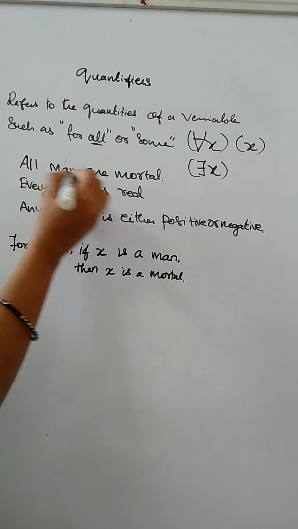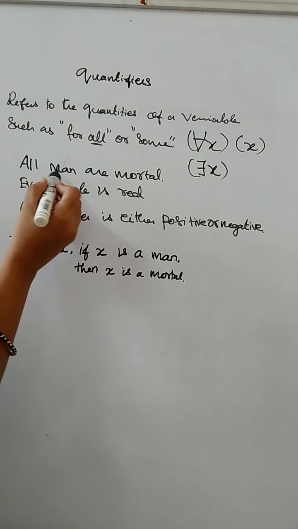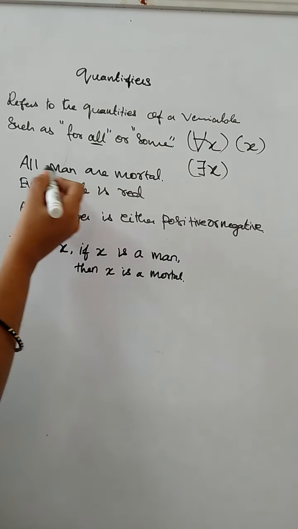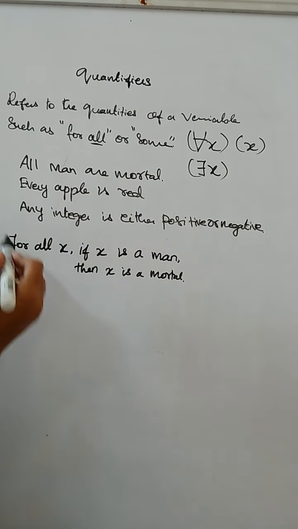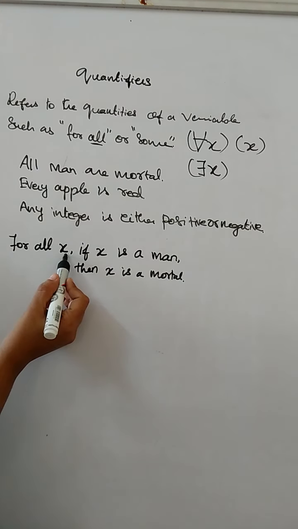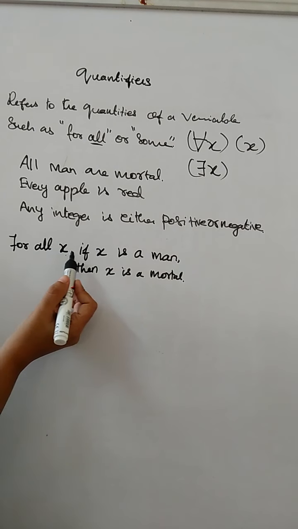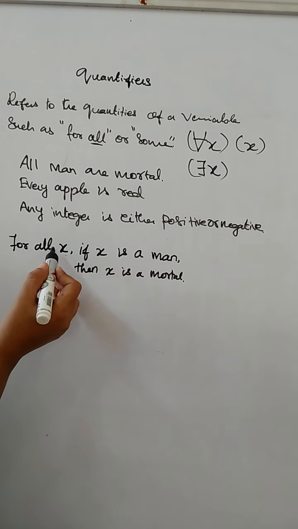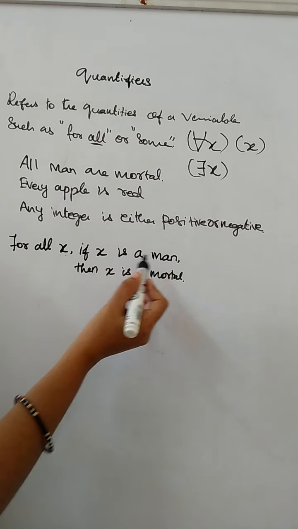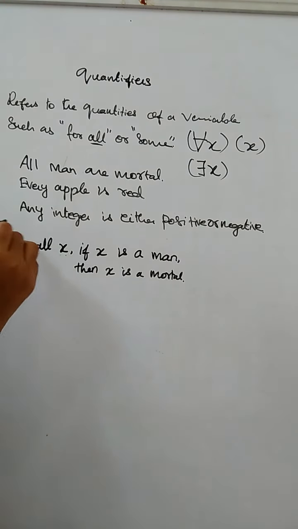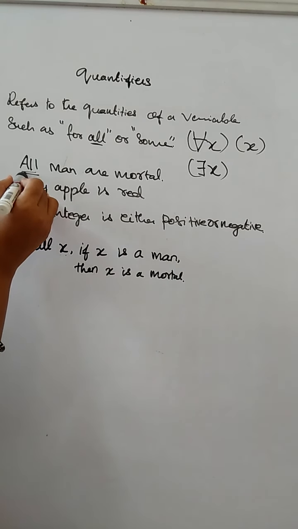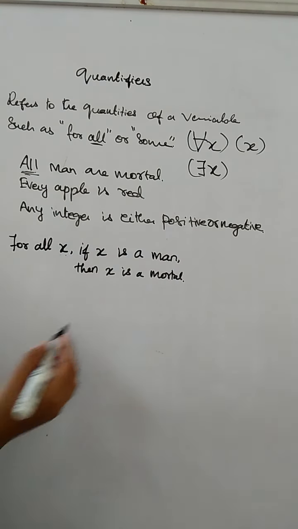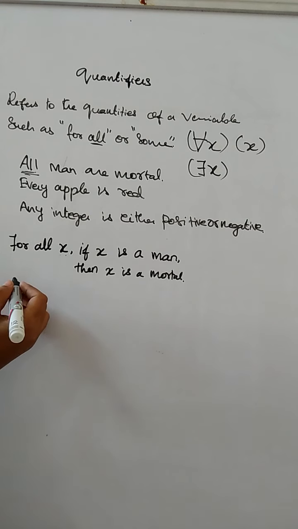So I am rewriting the statement all men are mortal as: for all x, if x is a man, then x is a mortal, because the statement given here is all men. So that's why I am rewriting it like this.